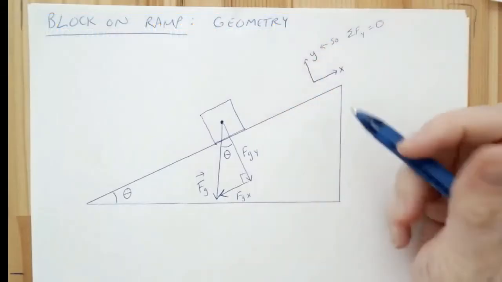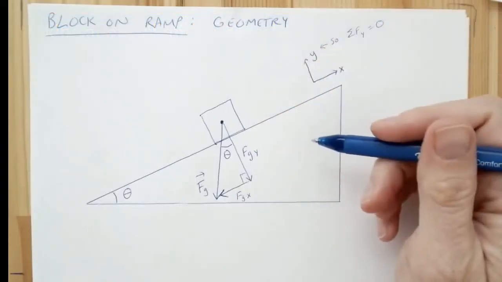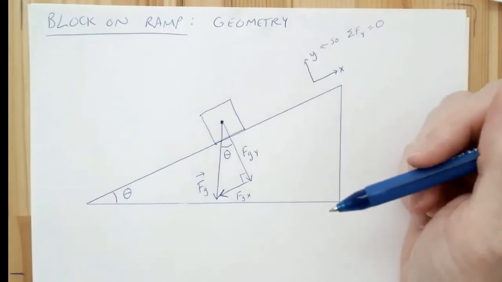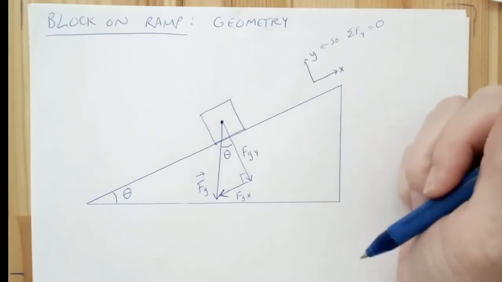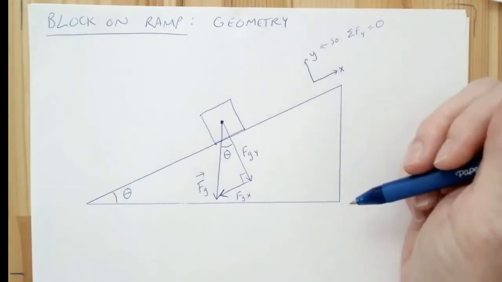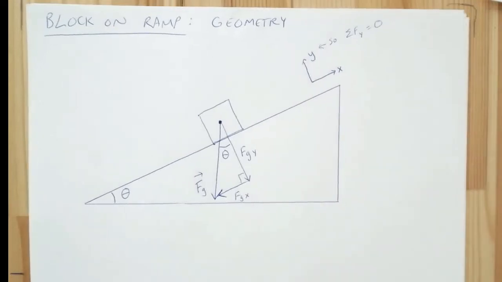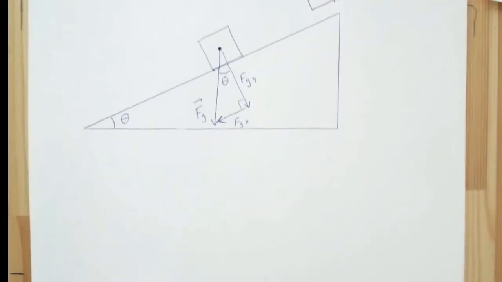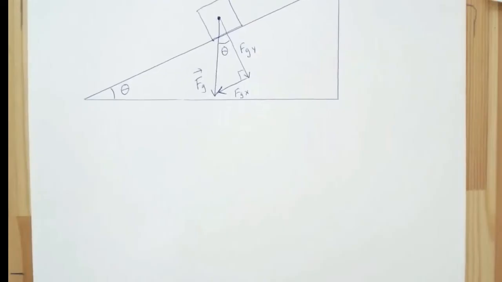If that explanation was not enough, and you want to look at it from the actual geometry perspective, then we can do that. To do that, what we're going to do is look at this diagram again.